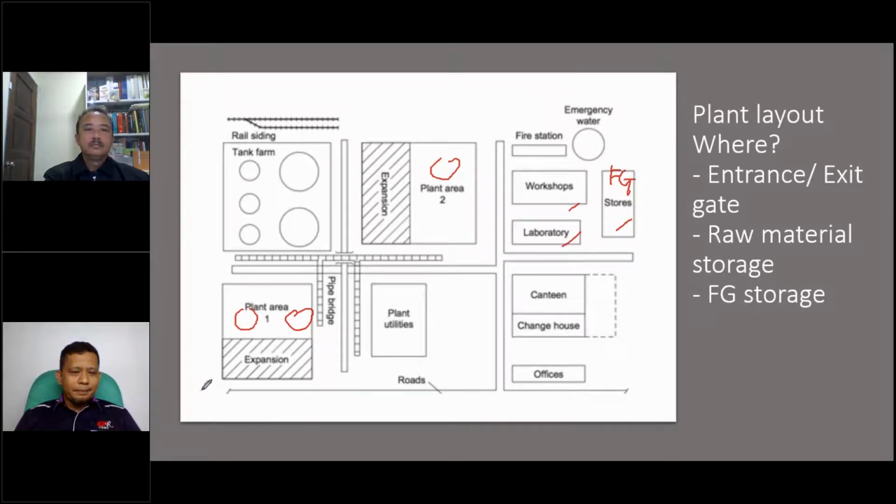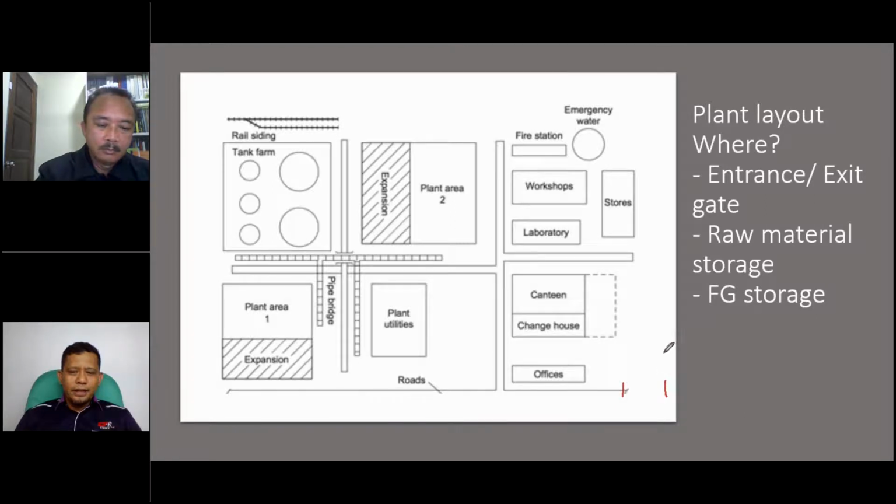Let's say this is the main road, which we consider a public road. So the question is, first of all, where is the entrance, or where is the exit gate? Let's say I put the entrance here.